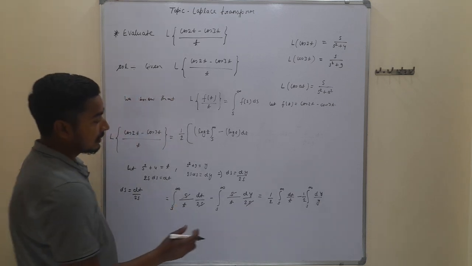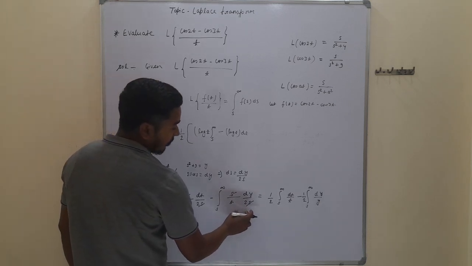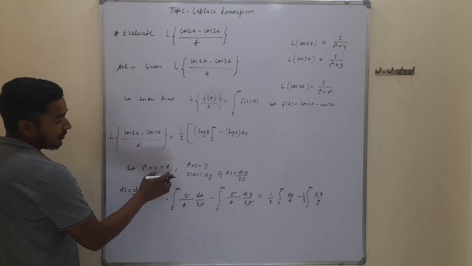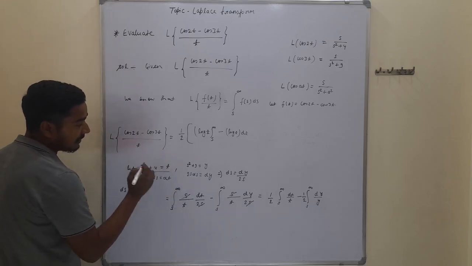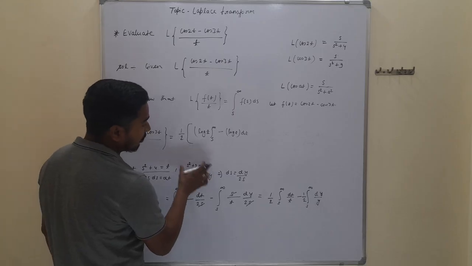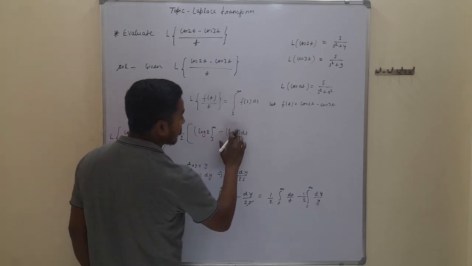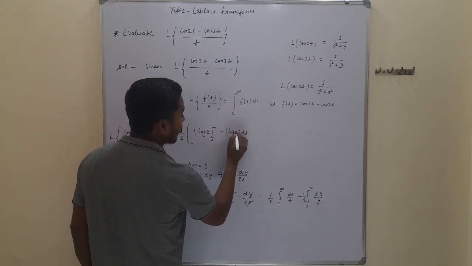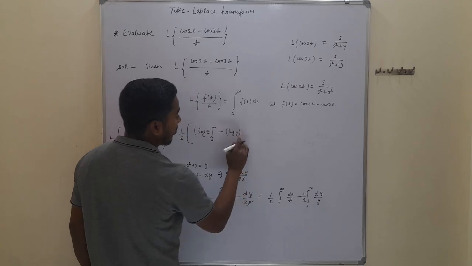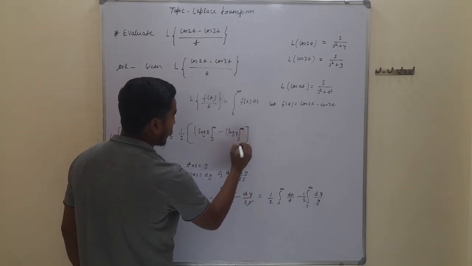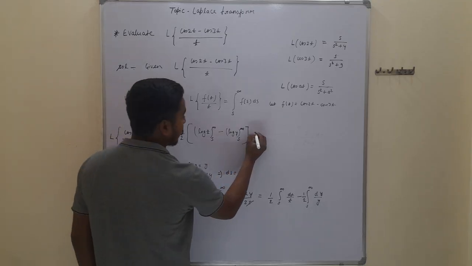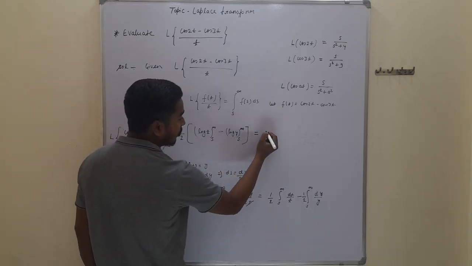To avoid too much confusion, we write here the first part of the integral as t and the second part we consider y. So we write here log y and putting the limit s to infinity, and solving we get 1 by 2.